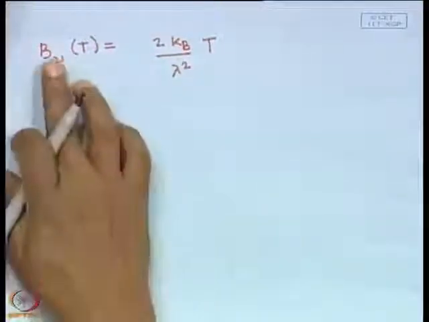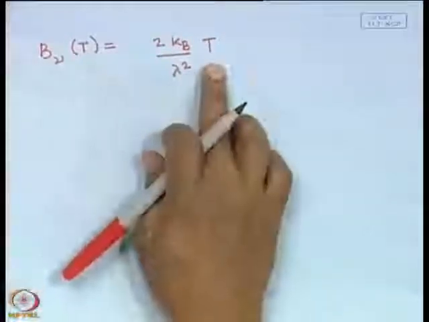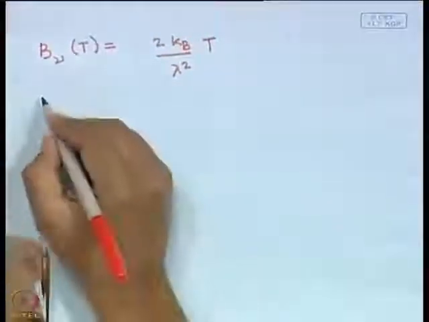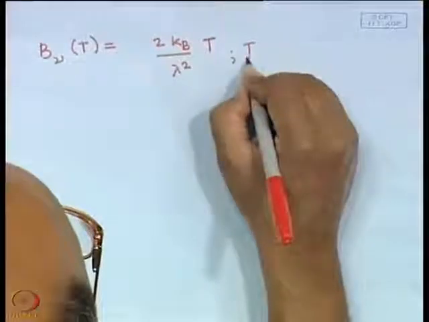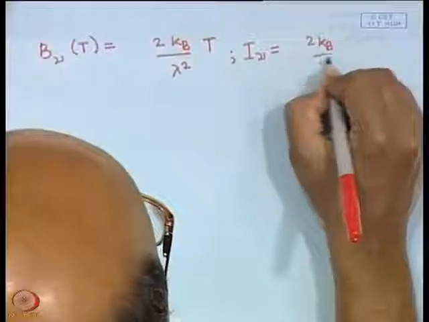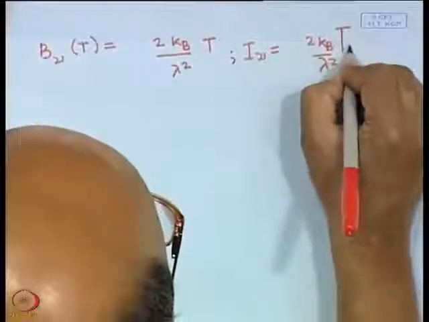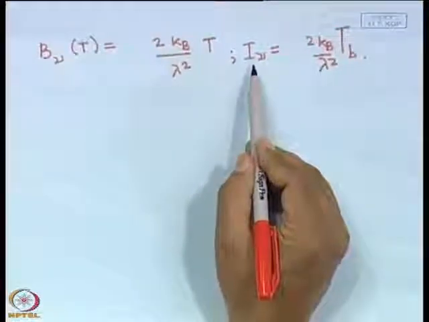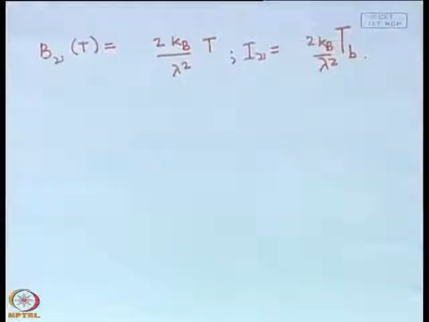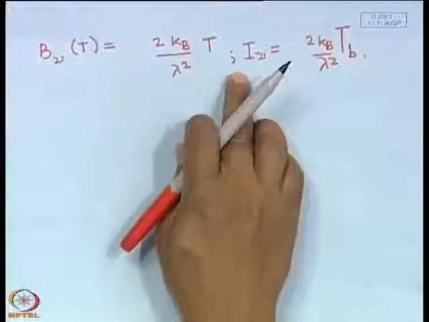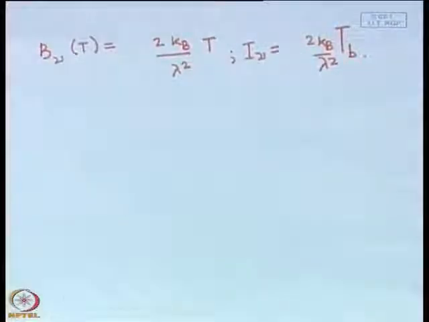The relation between the source function and the temperature is quite simple, it is a linear relation. So we will assume that we are working in this limit, and the specific intensity then also is 2 k_B by lambda square into the brightness temperature which you would measure. So we are quantifying the intensity in terms of a temperature, the brightness temperature, and in the Rayleigh-Jeans limit they are related like this. The more the brightness temperature, the more the specific intensity or brightness.